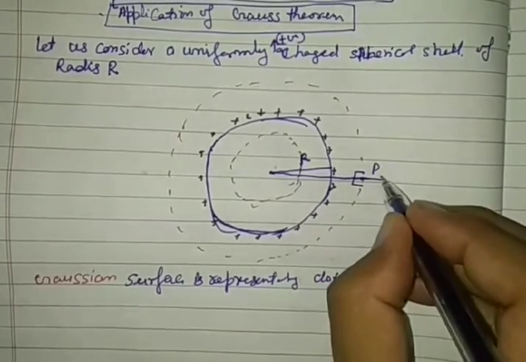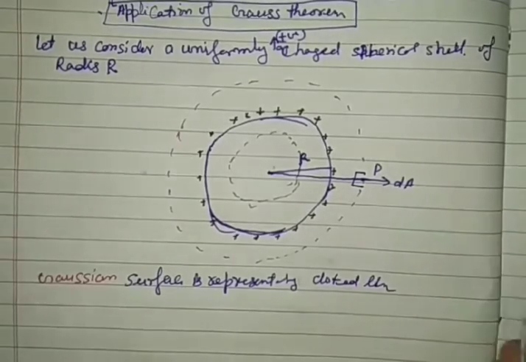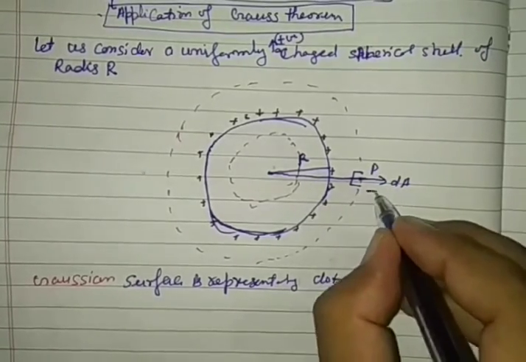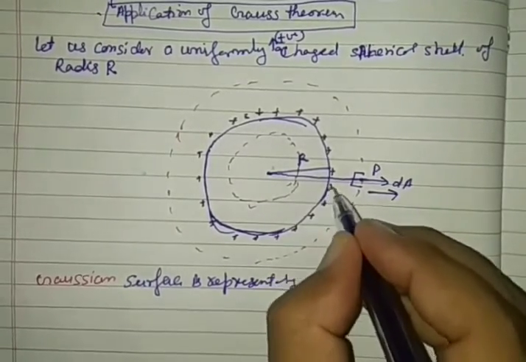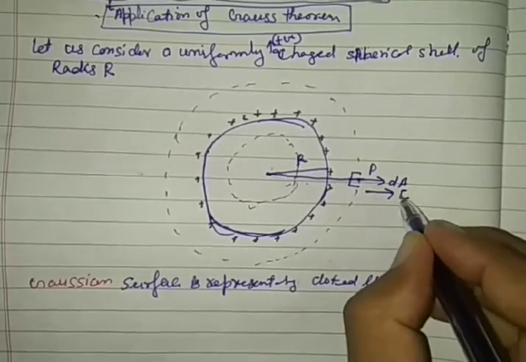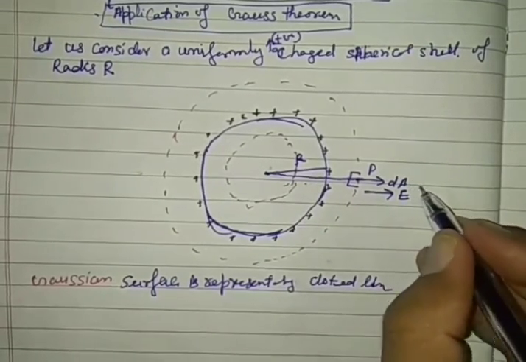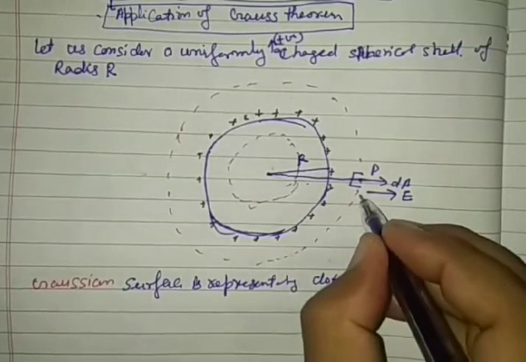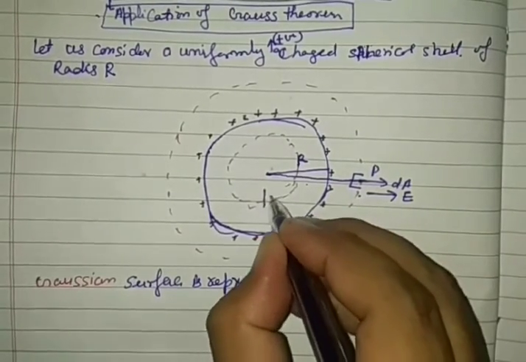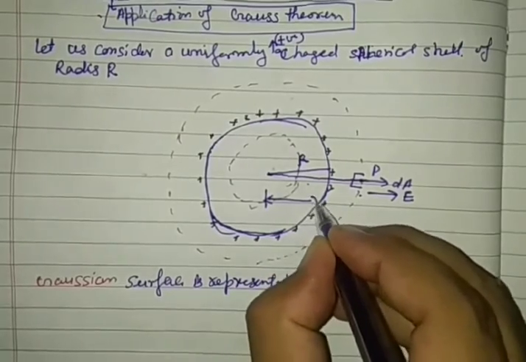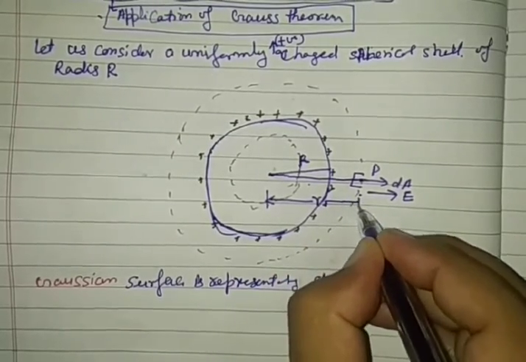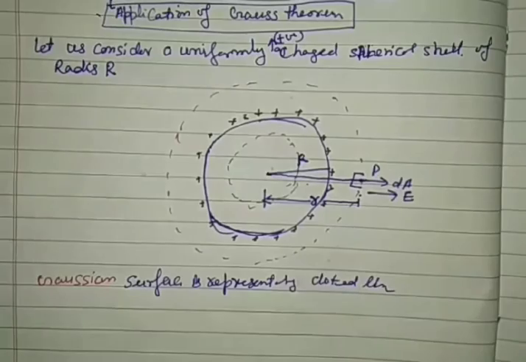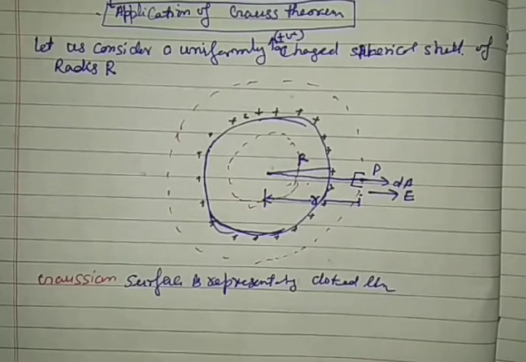Let the area vector be in this direction, dA, and the electric field is also in this direction. Since it is a positive charge, the electric lines of force go outward. The distance from here to here is represented by small r in the diagram.